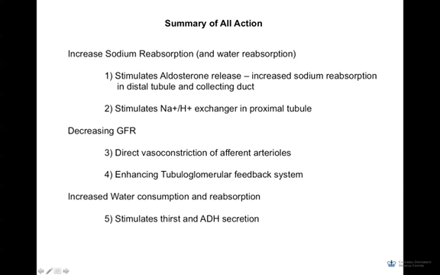Last category is increased water consumption by stimulating thirst, and water retention or reabsorption through the release of ADH. So you can see angiotensin II is doing many things in order to recover or conserve plasma volume and elevate blood pressure.